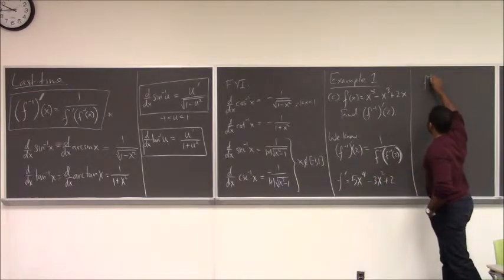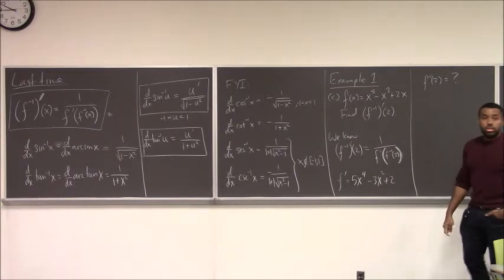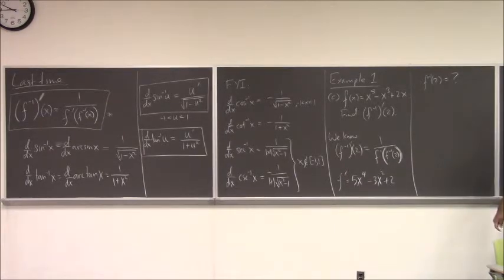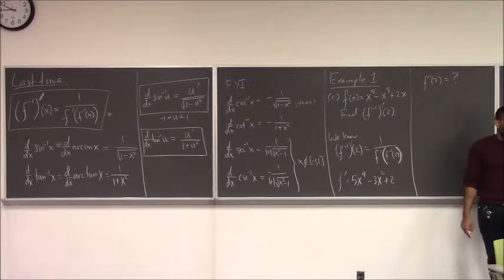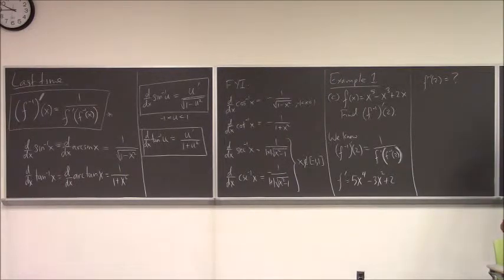What is f inverse of 2? How would you go about finding f inverse of 2? What does f inverse of 2 mean? Is that when you plug in 2 for x? 2 for x where?